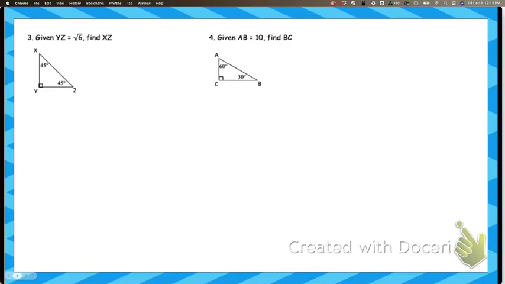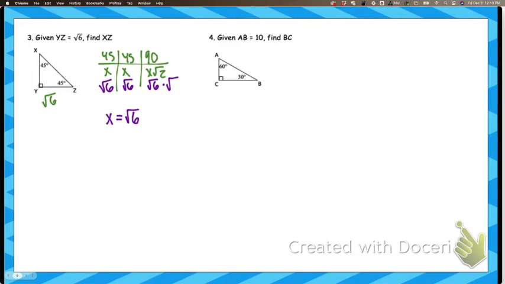All right, so YZ is the square root of 6. So we make our chart. x, x, x root 2. Across from 45 is the square root of 6. That means that x is equal to the square root of 6. So everywhere there's an x, I plug in the square root of 6.